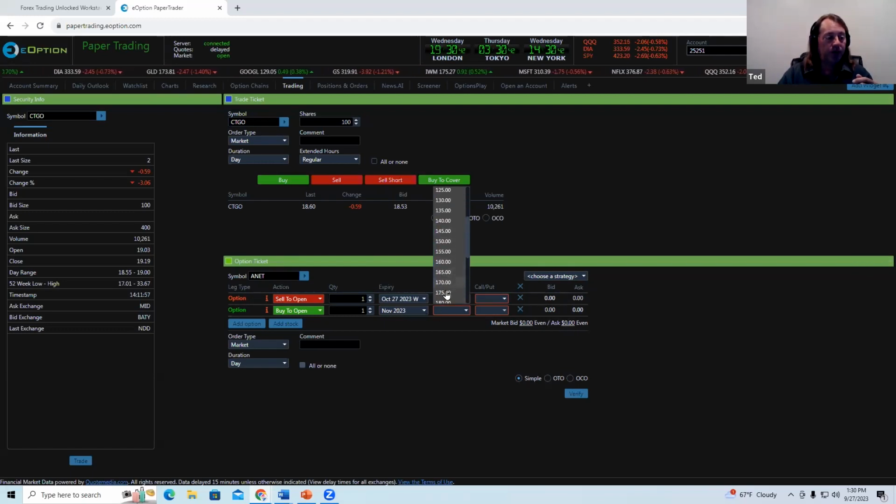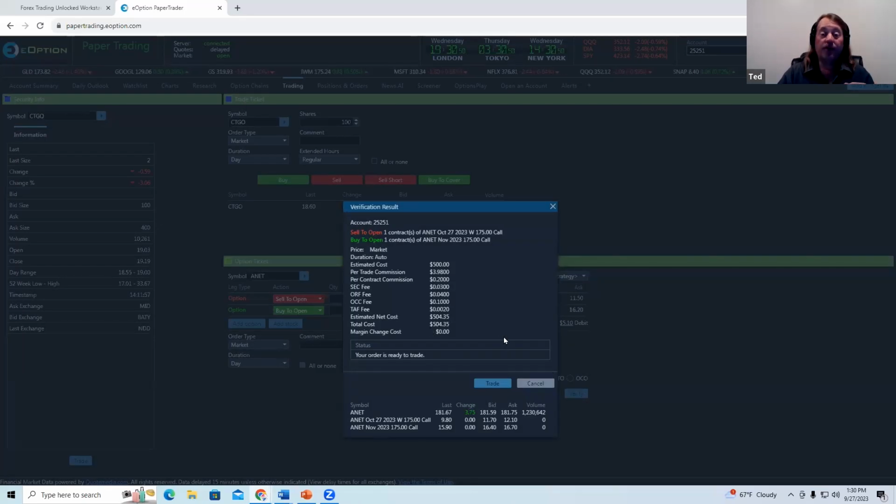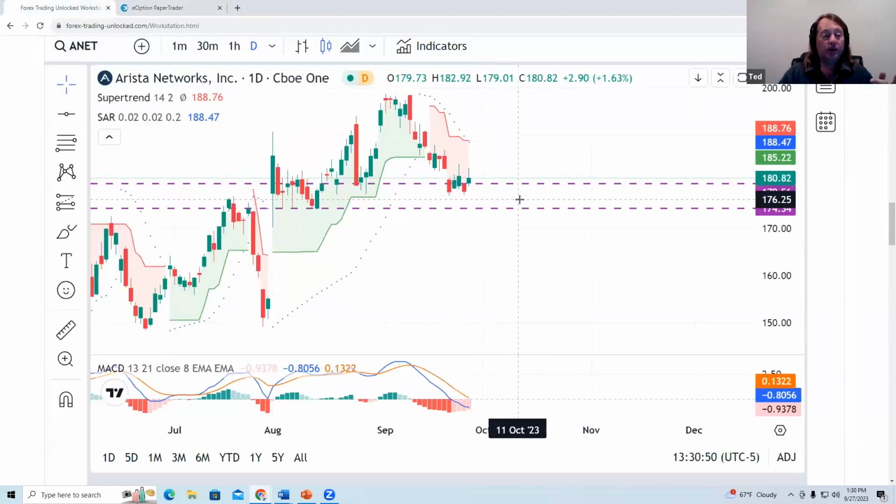Now remember, in a calendar spread, we're trading time. So if the market goes nowhere, now this is $500. Big difference from when we were looking at the outright call, which was going to cost just under $1,200.